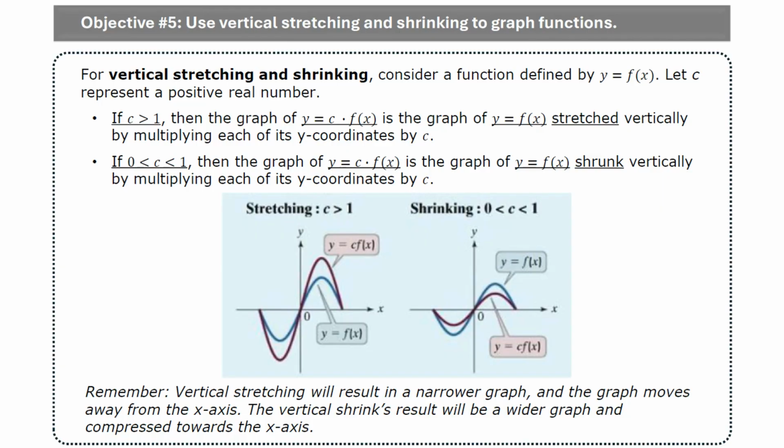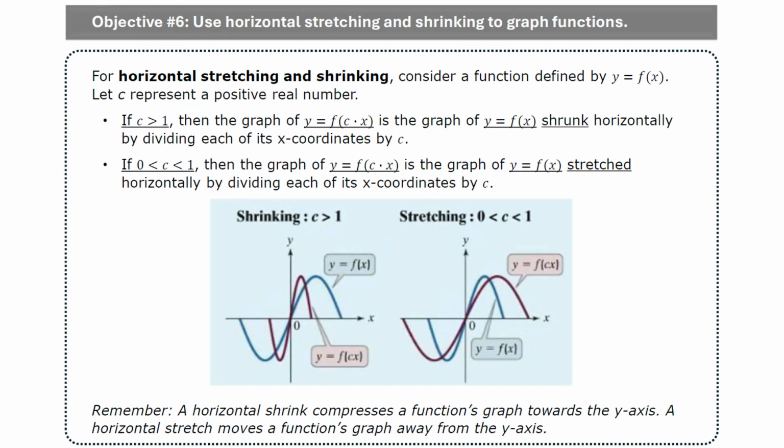All right. For objective 6, we're now going to look at horizontal stretching. If c is greater than 1, then the graph of y equals f of c times x is the graph of f of x shrunk horizontally by dividing each of its x coordinates by c.